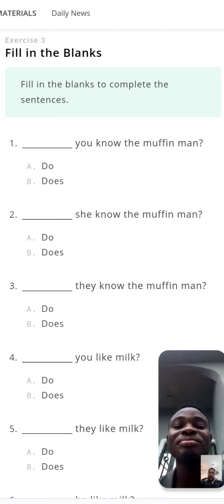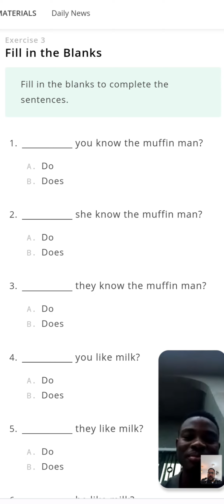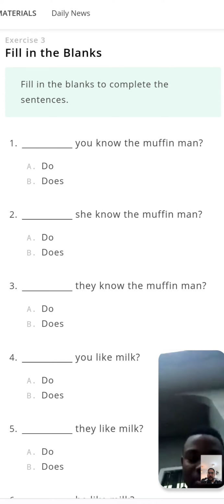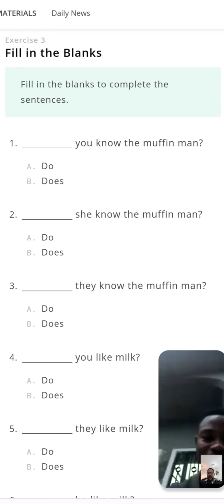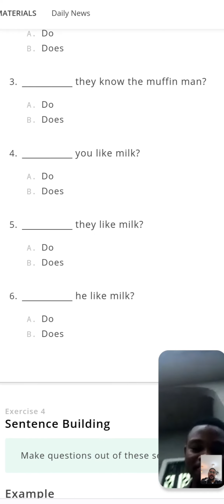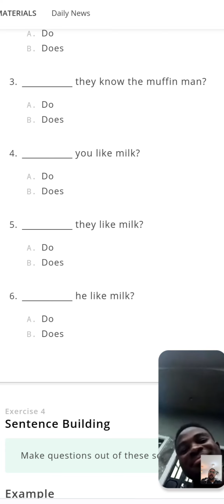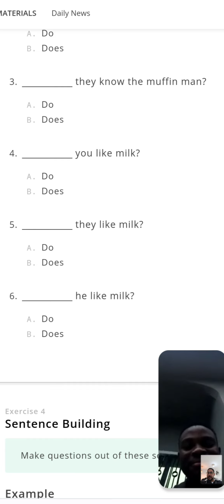Do you know the Muffin Man? Very good. Number 2. Does she know the Muffin Man? Number 3. Do they know the Muffin Man? Number 4. Do you like milk? Can you repeat number 4?